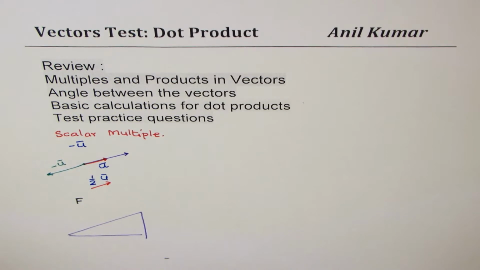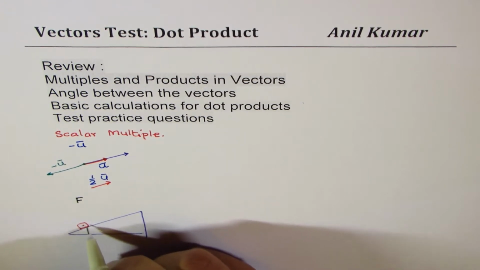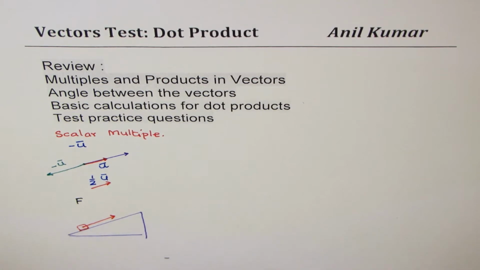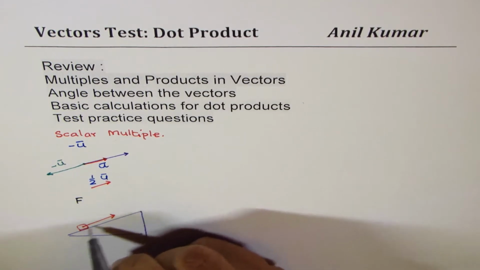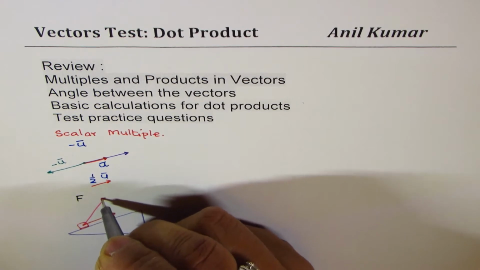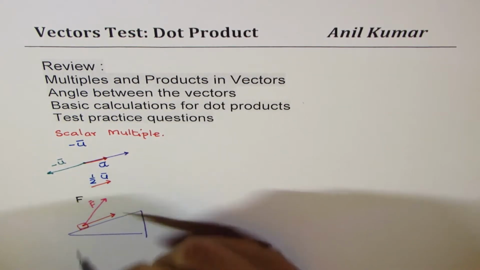Now, if I want to move an object up the ramp, let's say this is the object, by applying some force, and let us say the force is being applied in a direction which is at an angle, not exactly along the ramp. Let's say the force applied is in this direction. That's the force we're talking about.